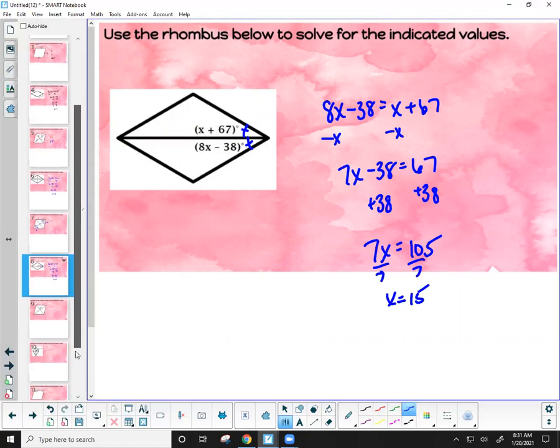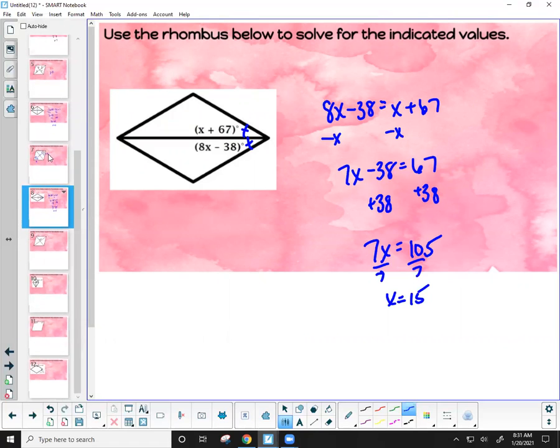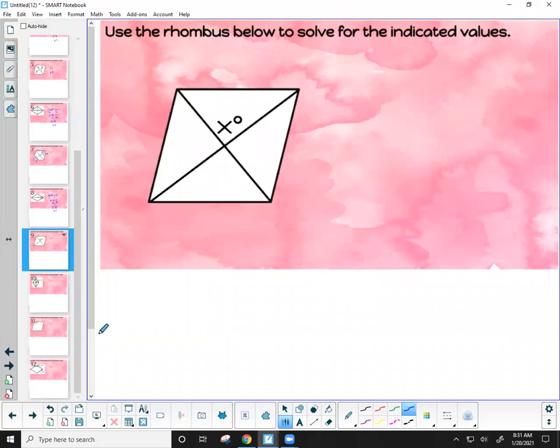All right, so all of these algebra problems really come back to thinking about the basics. What do we know about the properties? What do we know about when diagonals intersect? What kind of angle do we have? We have a right angle, so that angle has to equal 90 degrees. This is always true for rhombi.